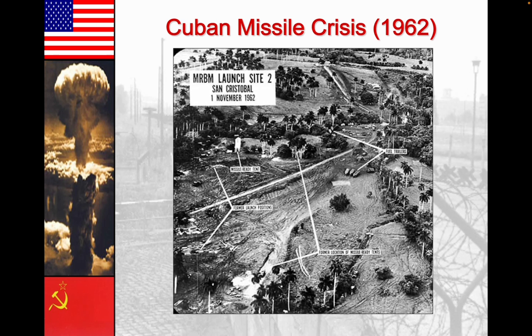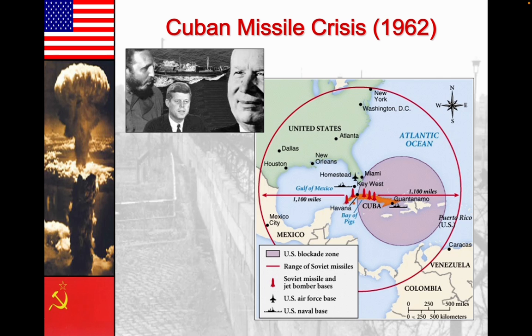A United States spy plane flying over Cuba takes the picture that you see there. You can see how those missiles are being prepared to be put in place and could be fired very quickly, hitting the southeastern United States and causing nuclear destruction. As you can see by this map, everywhere within that red circle was in range of those missiles.